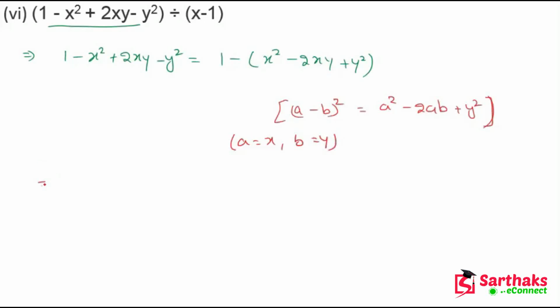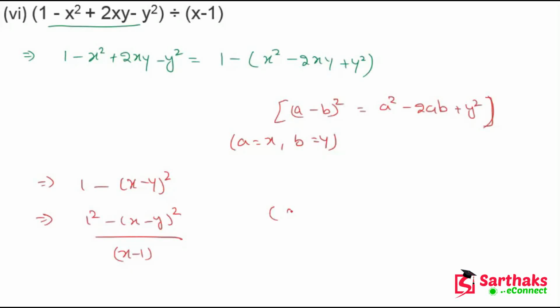So we can write it as 1 minus x minus y whole square, which is 1 square minus x minus y whole square, divided by x minus 1.